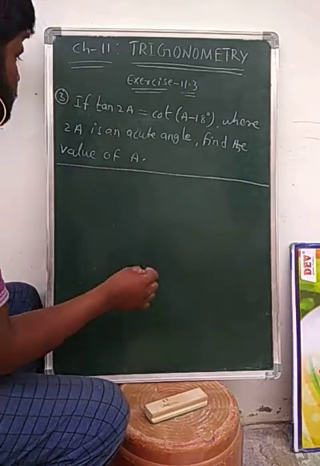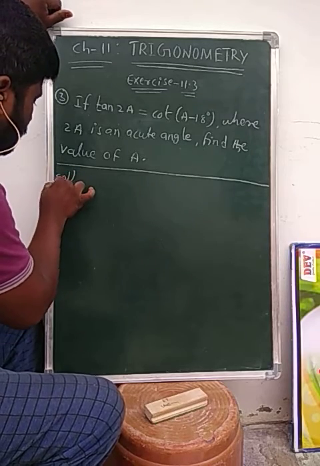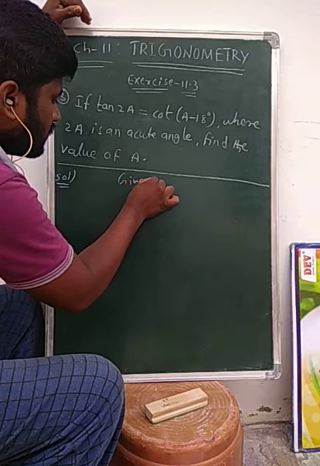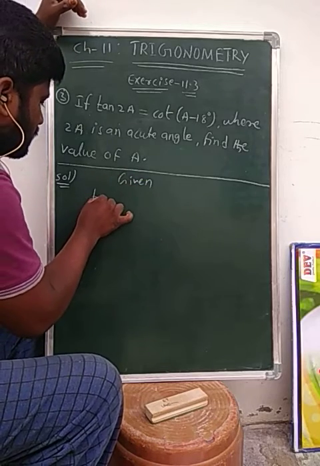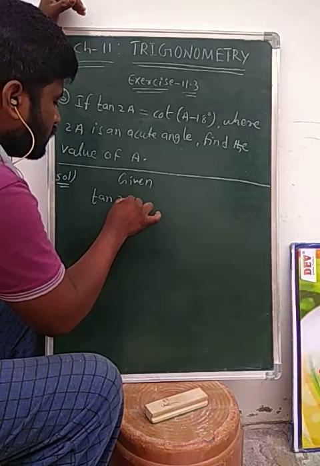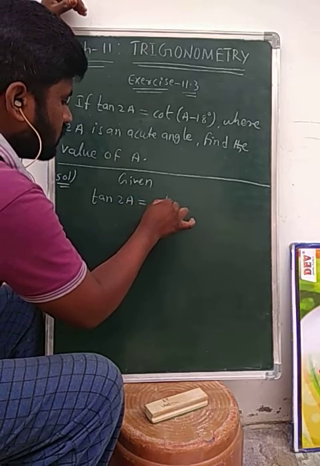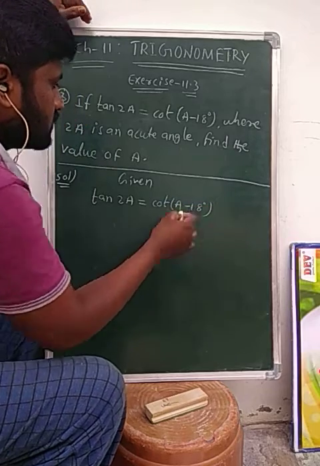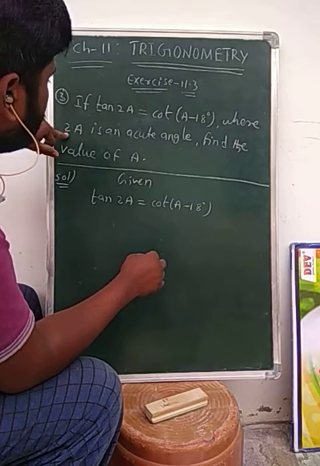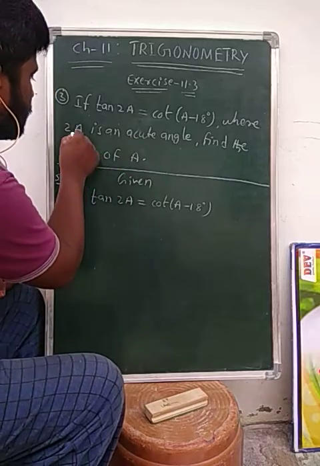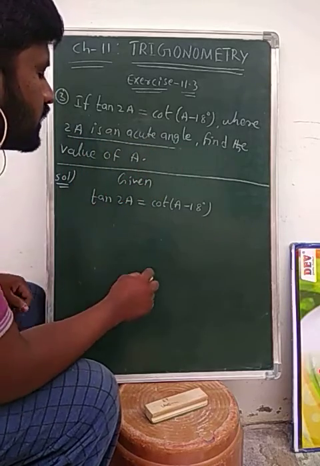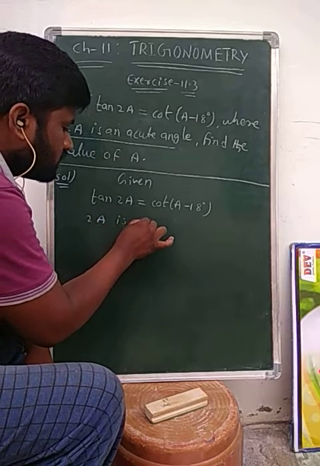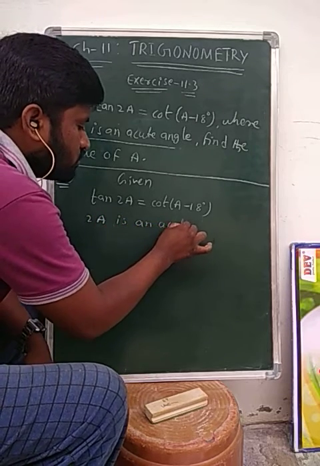See, it's a solution now. What is the given data? Given tan 2a is equal to cot of a minus 18 degrees, where 2a is an acute angle.